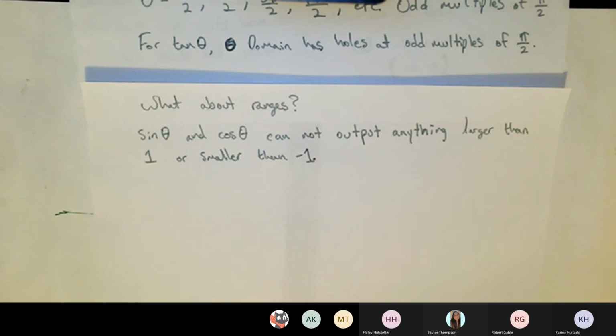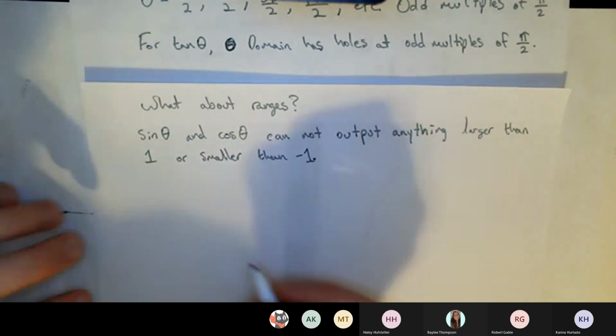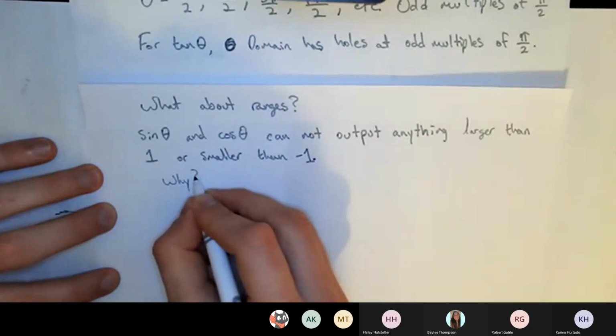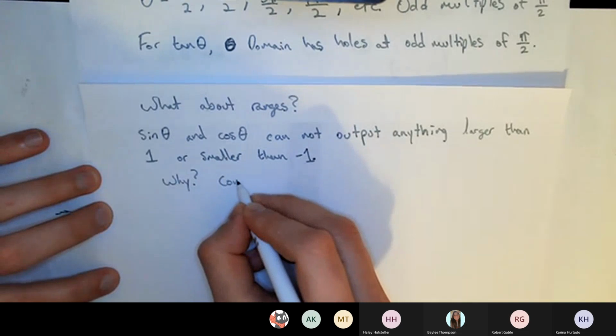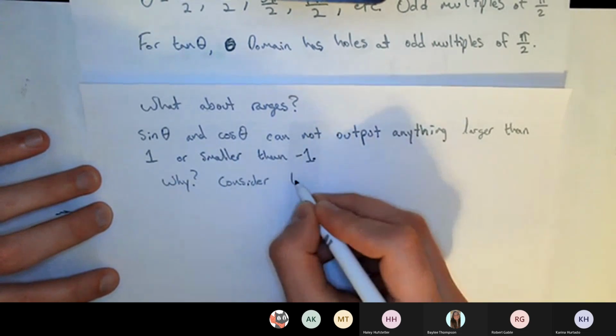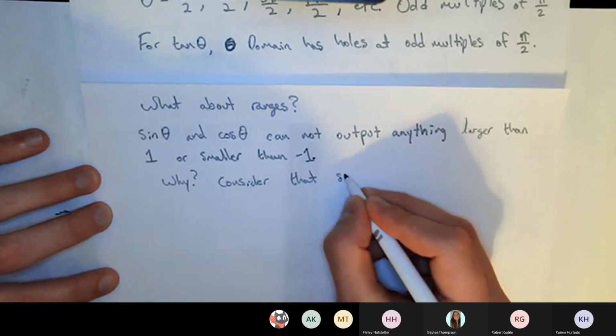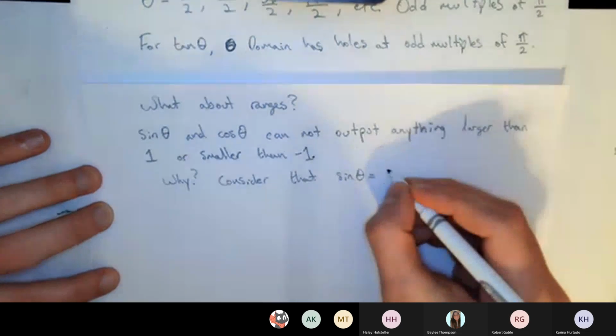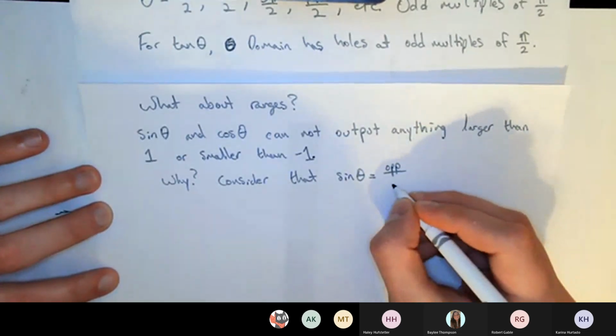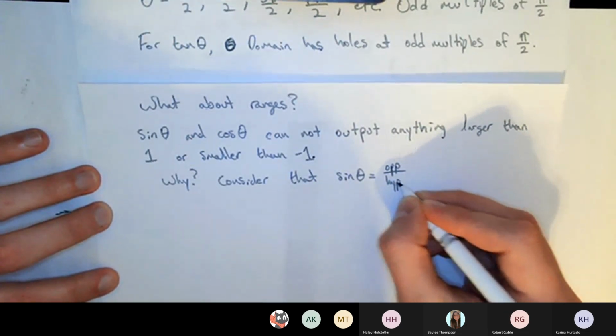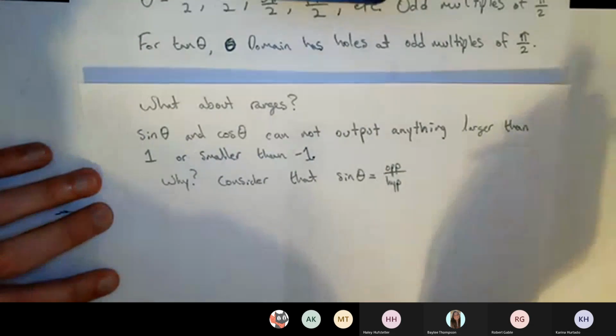Why? Consider that sine of theta is equal to the opposite side of a right triangle over the hypotenuse.